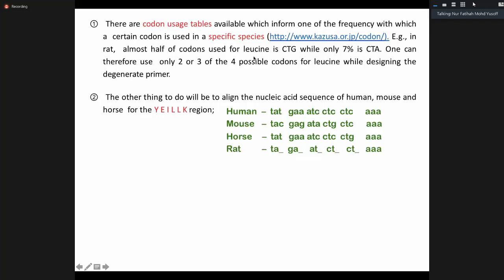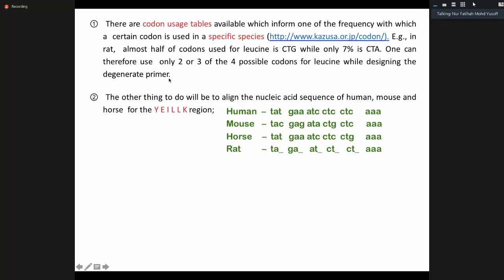So for the amino acid leucine in this species, 50% of leucine is derived from the codon CTG, and another portion from different codons. This is only specific for the leucine amino acid, right? One can therefore use only 2 or 3 of the 4 possible codons for leucine while designing the degenerate primer.